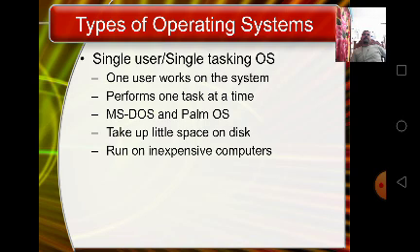This is the single user or single tasking operating system, that is, only one task can be performed at a time. For example, MS-DOS is a single user or single tasking operating system.